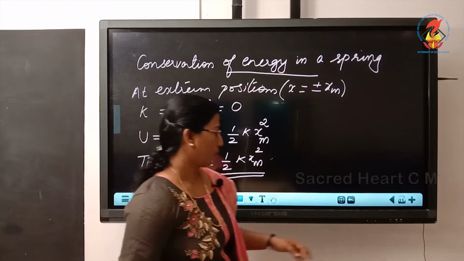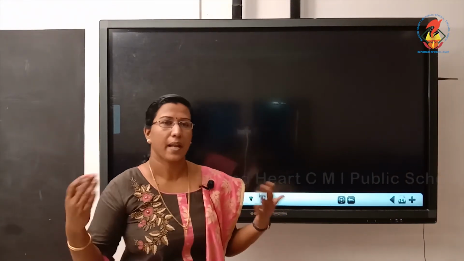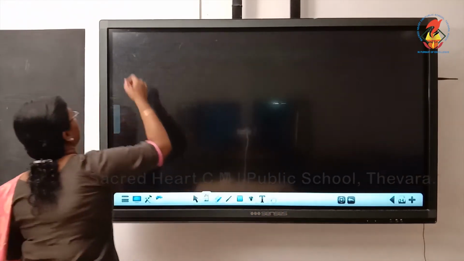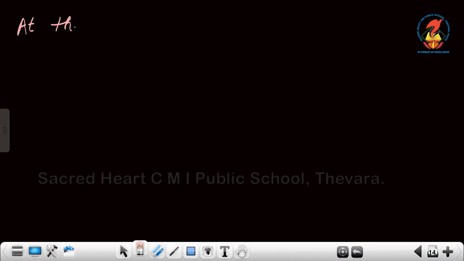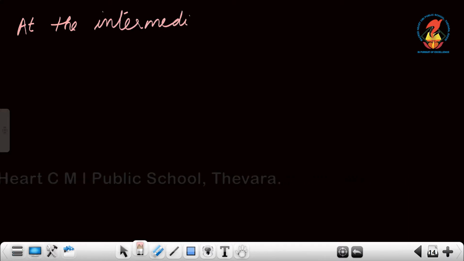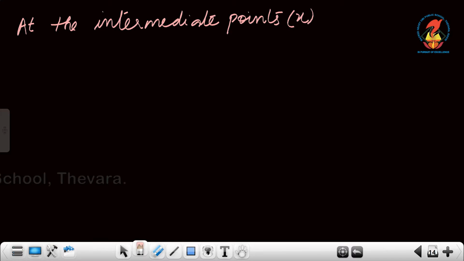Next, we are going to take the intermediate points, that is any point between plus xm and minus xm. That is, x can have any value.